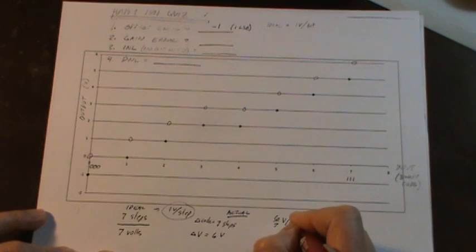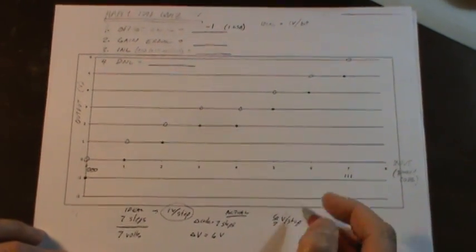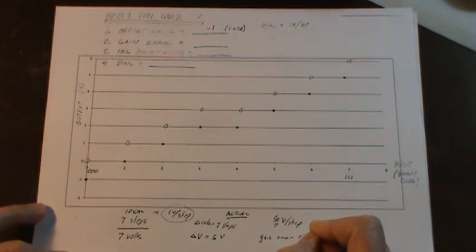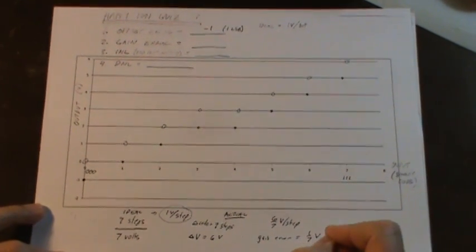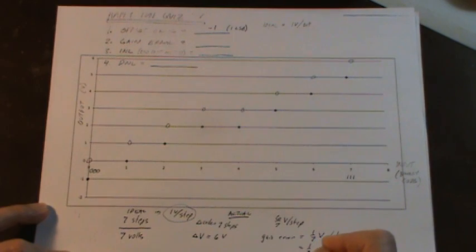6/7 volts per step. Now, you can see that most of them are actually doing 1 volt per step, but we want to give one number for the entire range, and typically you have a lot more than 8 levels to keep track of. So anyway, 6/7 volts per step, so my gain error is 1/7 volt per step, and you can think about this as averaging, so therefore my gain error equals 1/7 LSB.